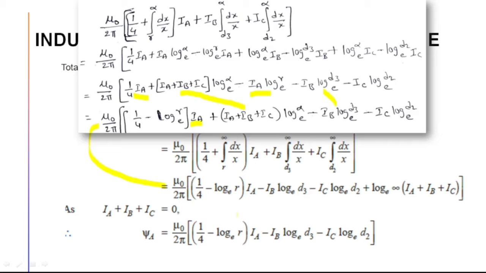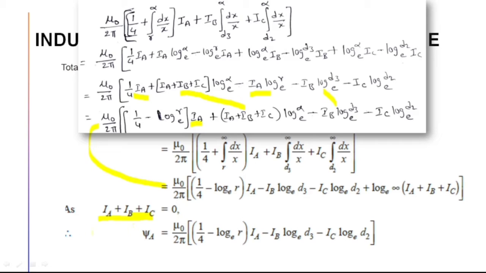Finally, for further simplification of this expression, I am considering IA plus IB plus IC equal to 0. That means we are considering a balanced system.